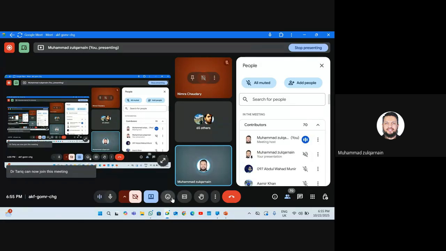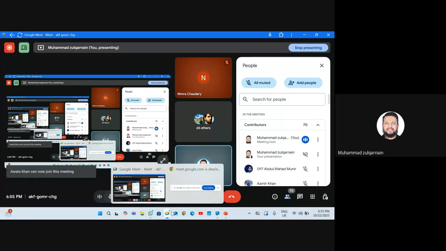There are two stations for the CCRISP. One is the command for abdominal examination, the other is for the chest examination or the respiratory system examination. So I will go one by one.